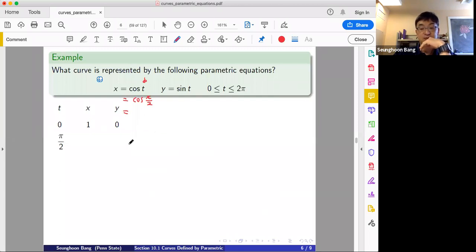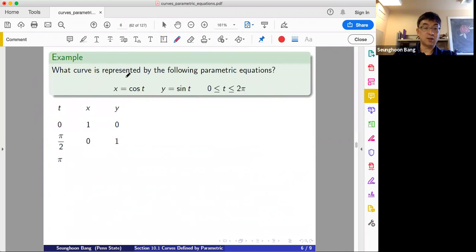Zero. Yeah, zero. We can plug pi over 2 into here. What is sine of pi over 2? Yeah, the answer is 1. So like this.